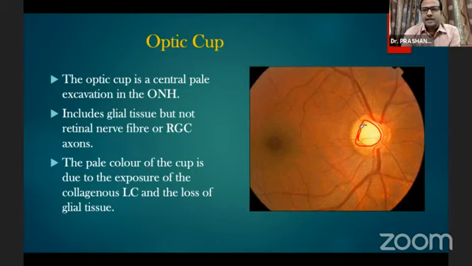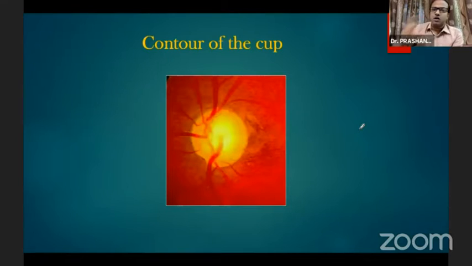When we are determining the size of the cup, we have to see the contour of the vessels, not the actual size of the pallor. Generally, we have a tendency to see the area of paleness, but we have to see the area of bending of the vessels. So in this picture, we feel that the cupping is from here to here, but actually this is the pale area, not the cup area.